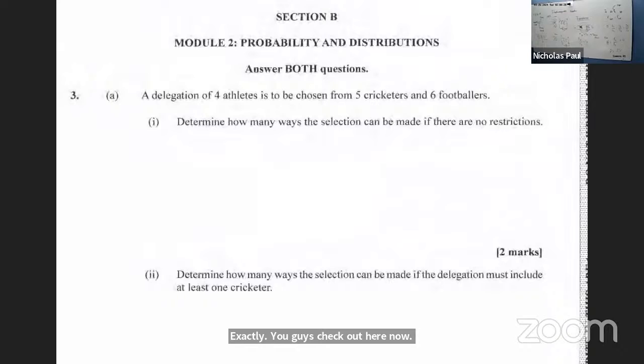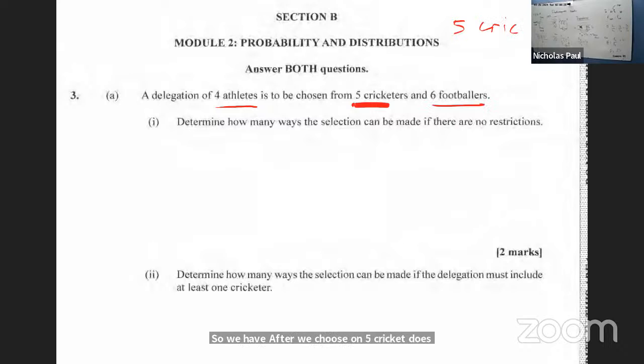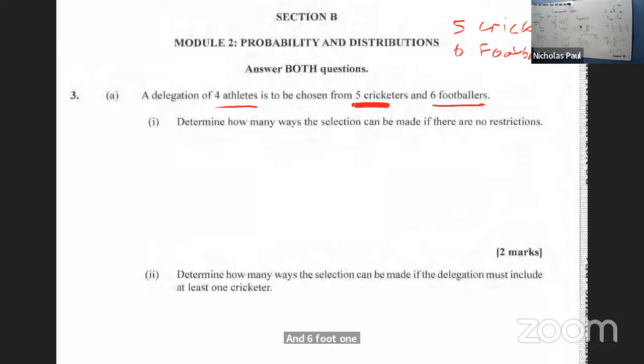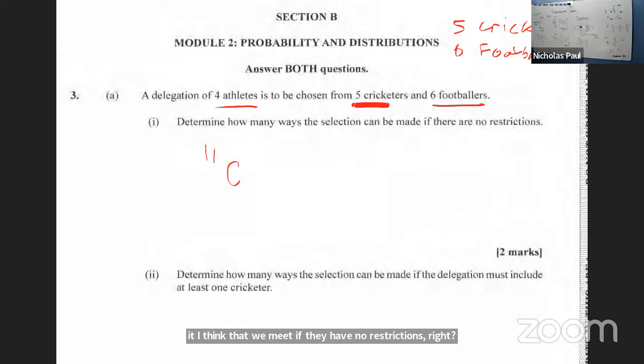So we have 4 athletes to be chosen, 5 cricketers, 6 footballers, right? So 5 cricket people and 6 footballers. And I want a committee of 4. Determine how many ways the selection could be made if there are no restrictions, right? So basically you have 11 people and you could choose 4.